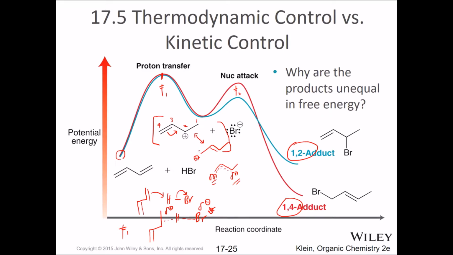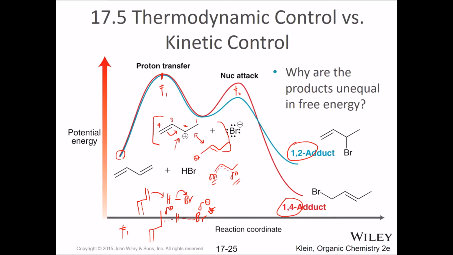Which one of these is more stable? Can you see that it is this one? A lot too many arrows here, isn't there? This is the one that's more stable because it's a secondary carbocation and it's allylic, right? This one's allylic, but it's primary. So this one's the one that's more stable.